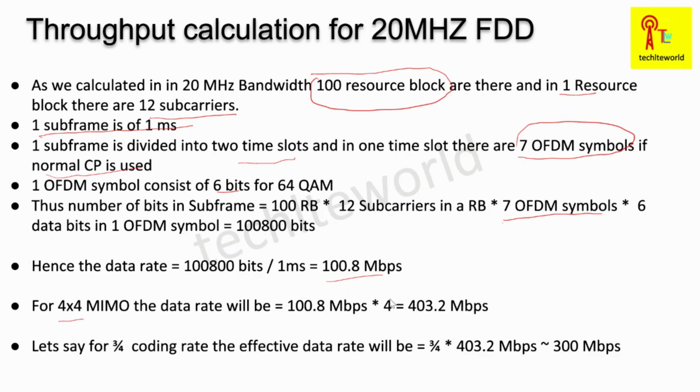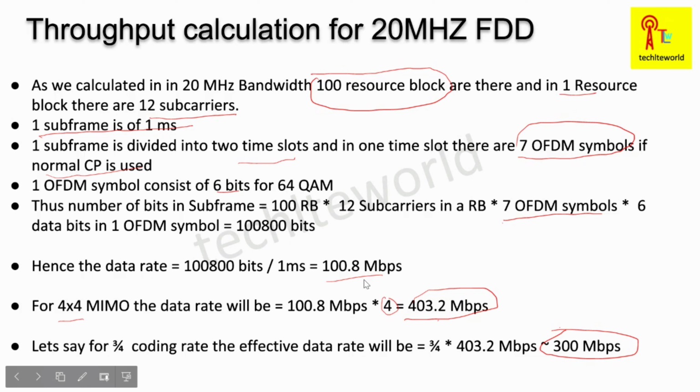If we multiply this MIMO factor of 4 with 100.8 Mbps, this will give us 403.2 Mbps, right? And then if we also include the factor of 3 by 4 coding rate, the effective data rate will be 3 by 4 multiplied with 403.2 Mbps, which is 300 Mbps, right?